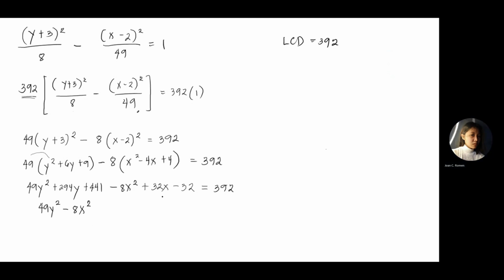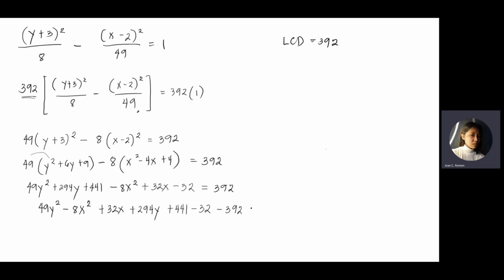Next, plus 32x plus 294y. And next, plus 441 minus 32. And itong 392 sa right side, ililipat na natin sa kabila from positive, that will become negative. 392 is equal to 0 na lang po ang matitira sa right side.